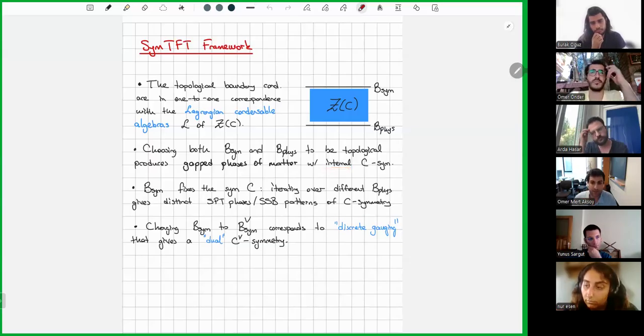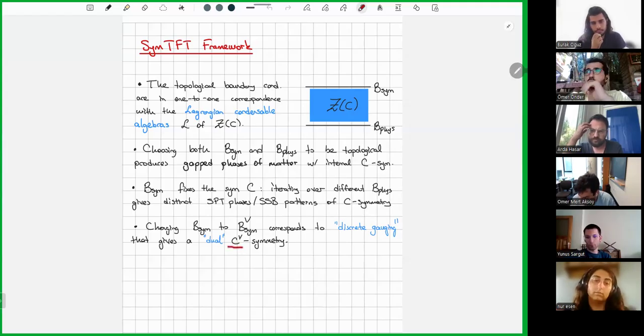Then what does changing the top boundary mean? Changing the top boundary means that you are changing the symmetry, which effectively means something like discrete gauging. What do I mean by that? It will also be a little more clear with a concrete example, but starting with a C symmetry, there are certain topological manipulations you can do, actually in 1D as well, that give you another theory with a dual symmetry, which I denote by C check.